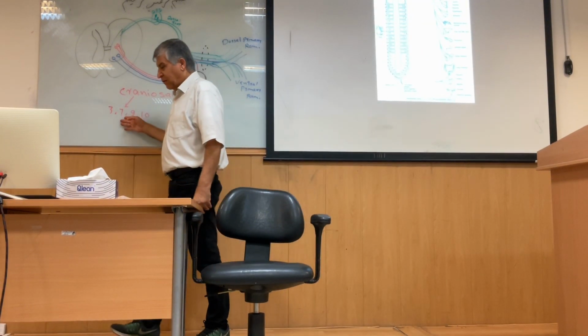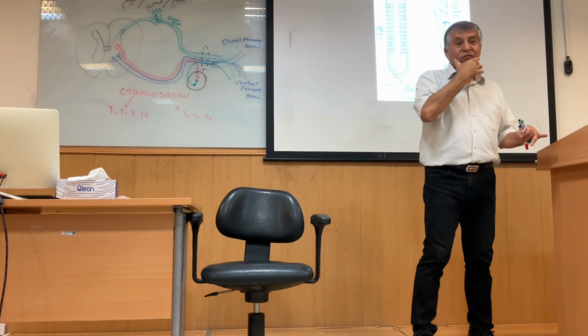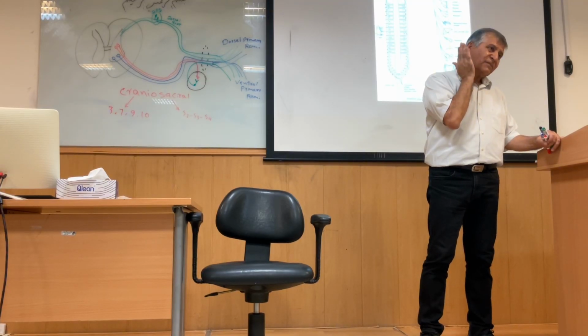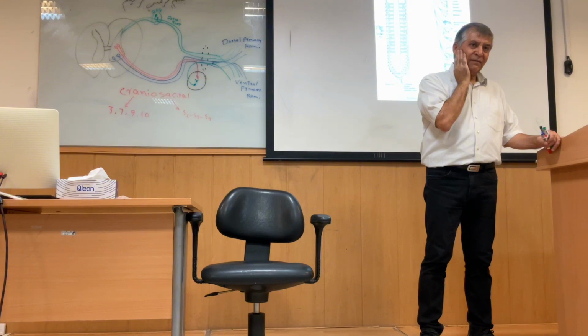Parasympathetic fibers of the seventh cranial nerve stimulate secretion of all exocrine glands of the head, except this one, the parotid gland.